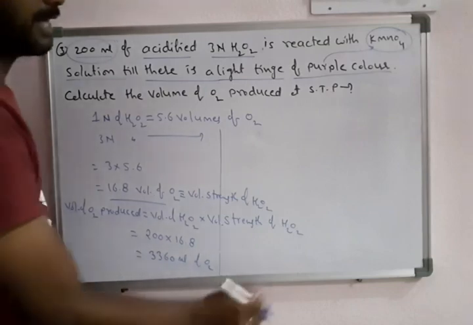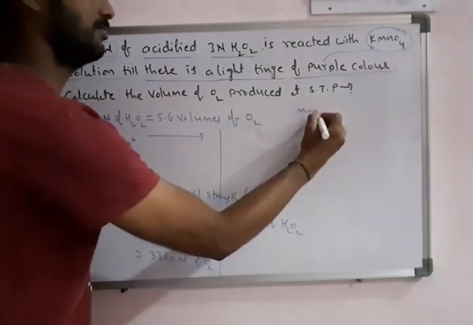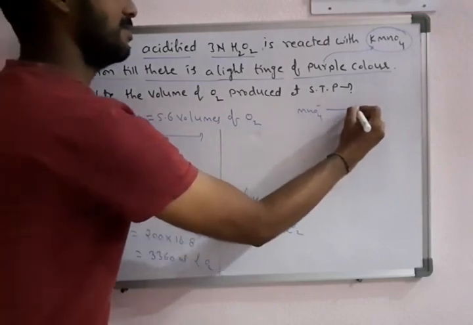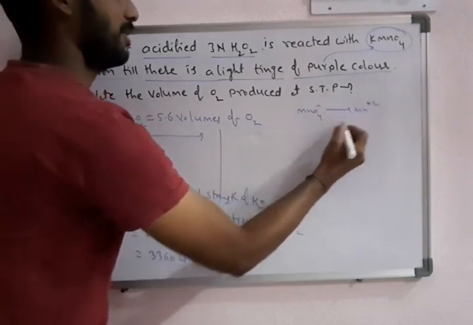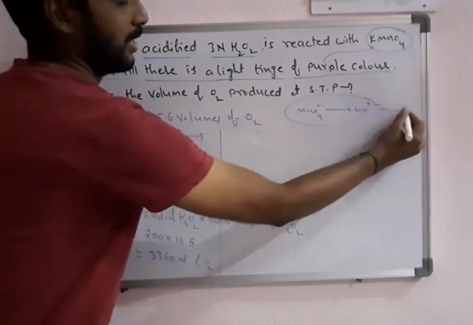Whereas in the potassium permanganate, already we know the MnO4 minus is changed to Mn 2+. Here it is reduced. So in this reaction also there is production of O2.